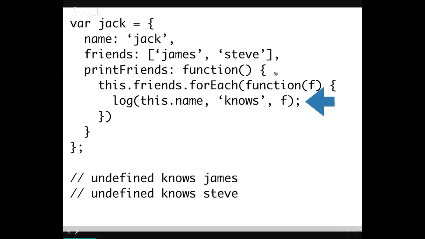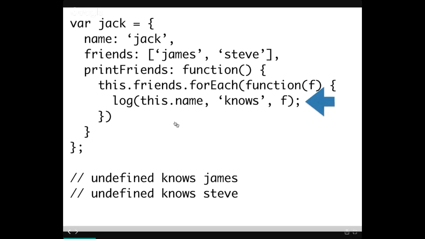Print friends is a function that inside of it attempts to look at this dot friends, which is referring to Jack because that's how it finds the context of this that's on this object. And then it just says for each one of those, pass the friend in and log the name, where it's like Jack knows James, Jack knows Steve, right?